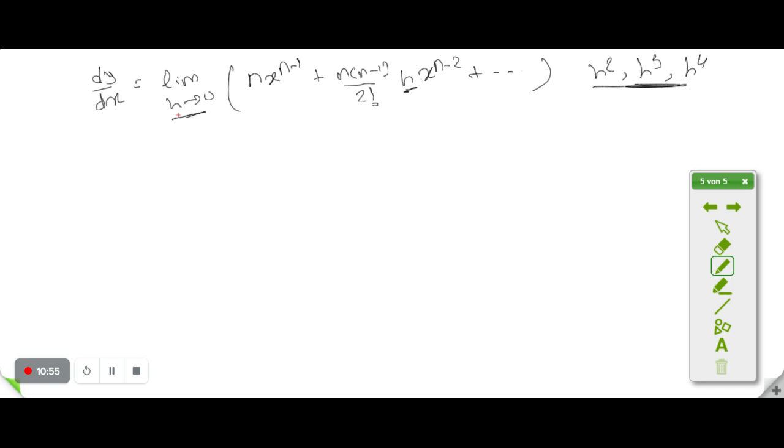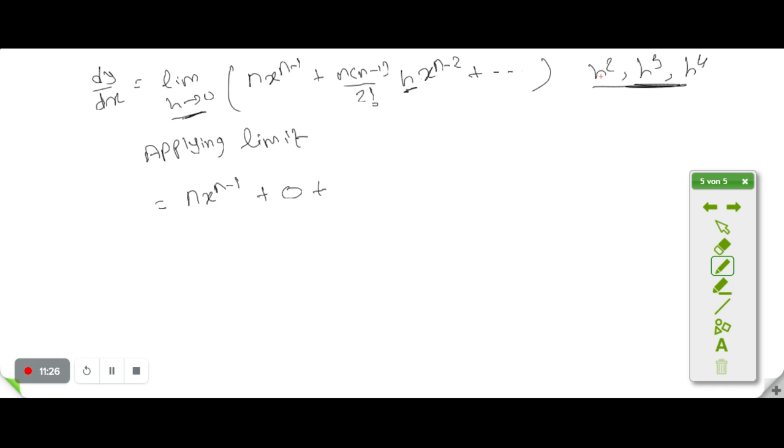And if you apply the limit now, applying the limit to this whole term inside the bracket, as we don't have an h term here, I'm going to keep the first term as it is. For the second term, if you apply the limit, h is approaching 0, so I substitute the value of h as 0, so the second term will be 0, right?